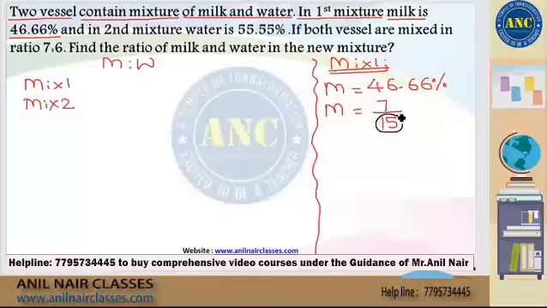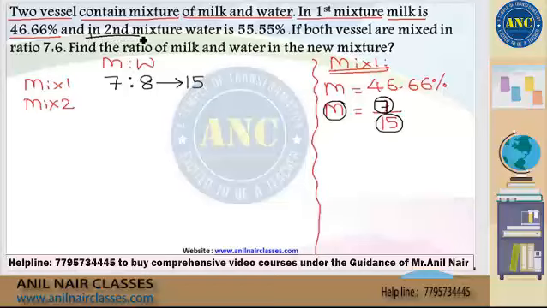Total mixture is 15 liters. Out of total 15, 7 liters is milk. Total is 15, so water should be the remaining 8. 7 plus 8 is the total 15, right? So 7:8 should be the ratio of milk and water.